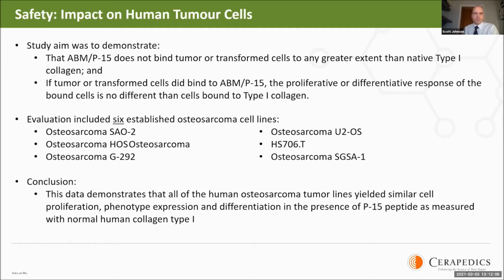And the output from these studies clearly demonstrates that P15 does not adversely impact the cell populations compared to human type 1 collagen. So there's no adverse impact on these tumor cell lines.